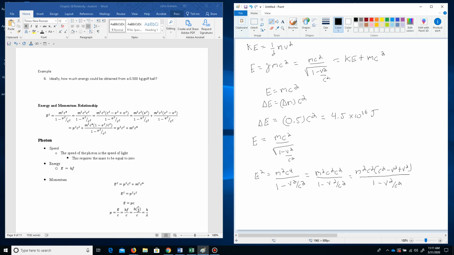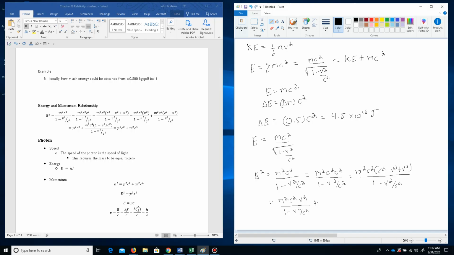And so what I can do here is break this up into two pieces. First I'm distributing this m squared c squared to this v squared, and that becomes this part. And I'm breaking up the denominator so it's two fractions instead of one, since these are the same denominators.